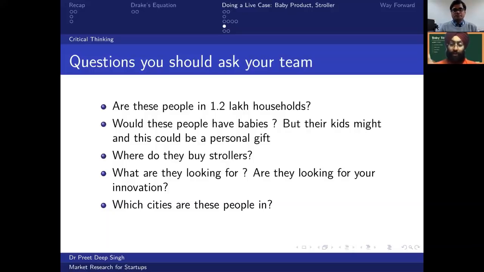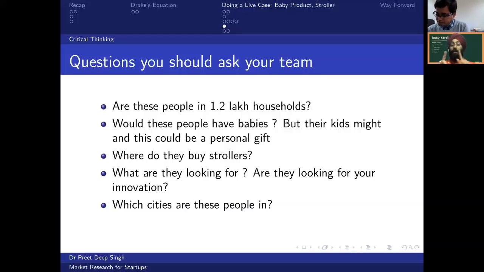They're probably in Delhi, Mumbai, Chennai, Bangalore, Kolkata, maybe some bit in Pune, very few in Chandigarh, very few in Ahmedabad, but that would probably be it. If you want to extend your reach, you can look at maybe capital cities. You can say that some are in Bhubaneswar, some in Hyderabad, some in Vizag. Look at big cities.